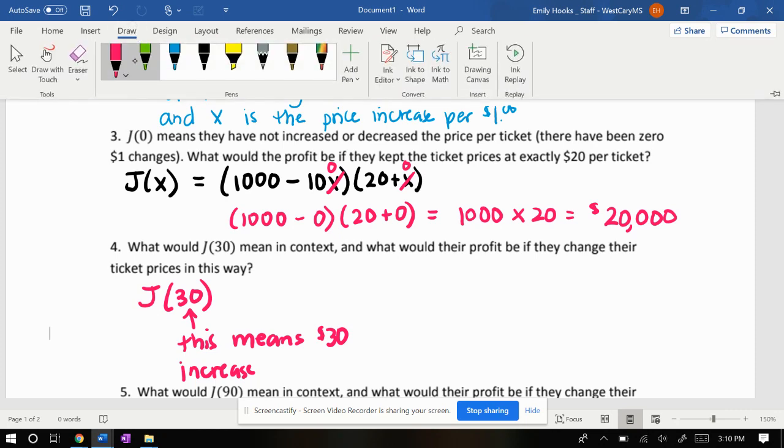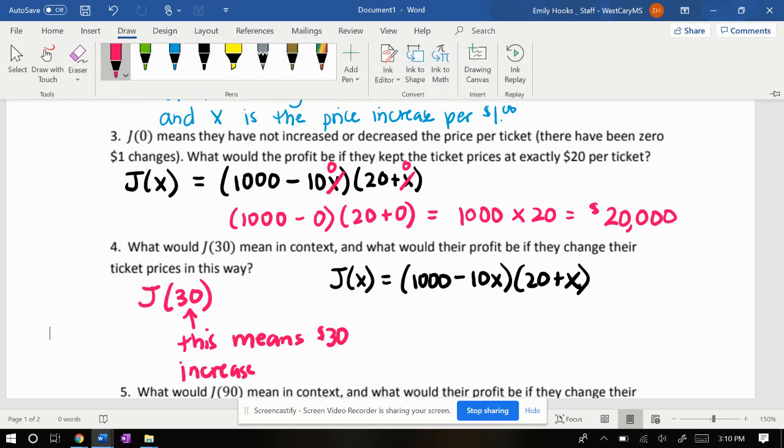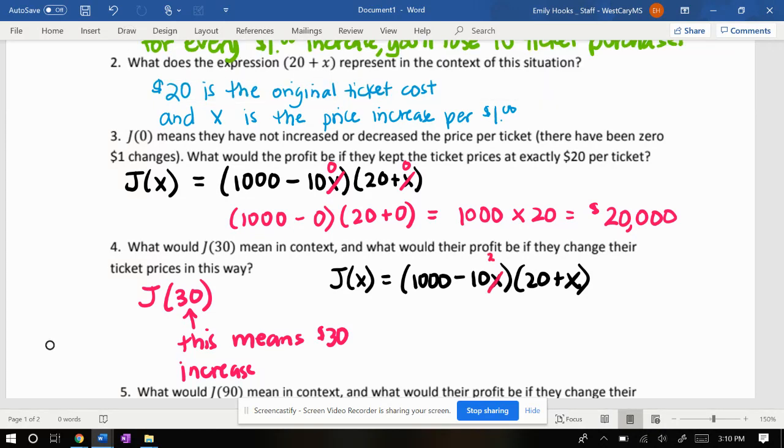Again, we're going to rewrite the equation. J of X equals 1,000 take away 10x times 20 plus x, because x represents what it's increasing by. And we're going to replace x with 30.